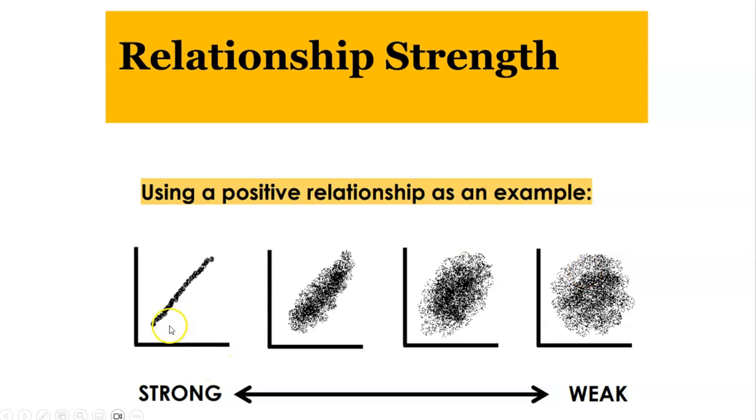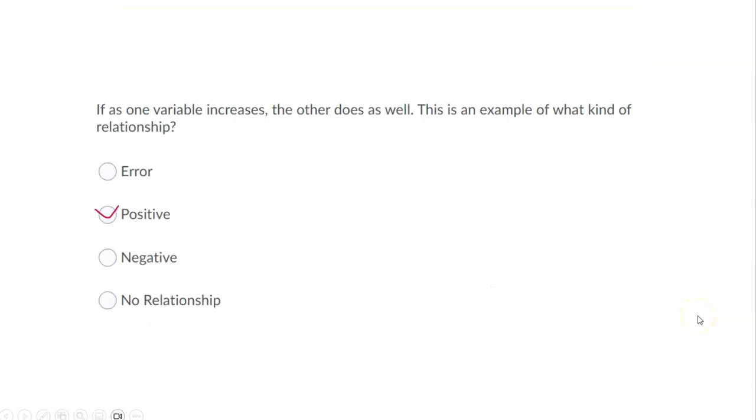So the strengths are: strong, very strong, this is less strong, this is weak, and this is like no relationship. As I explained, if the dots are very close to the trend line, it is a strong relationship. So this is one piece we can also do together.